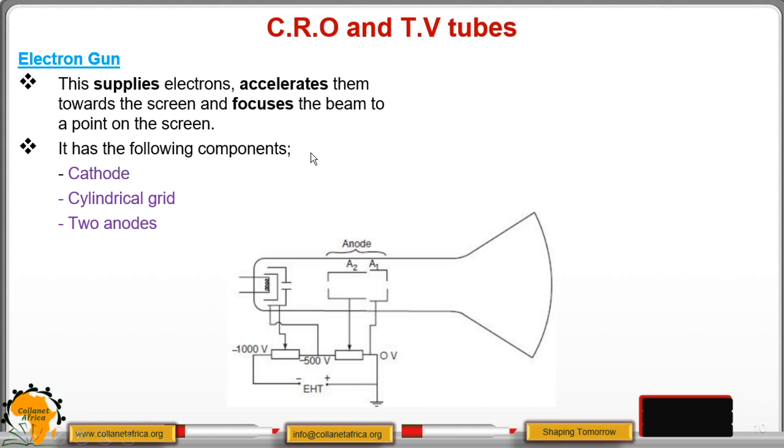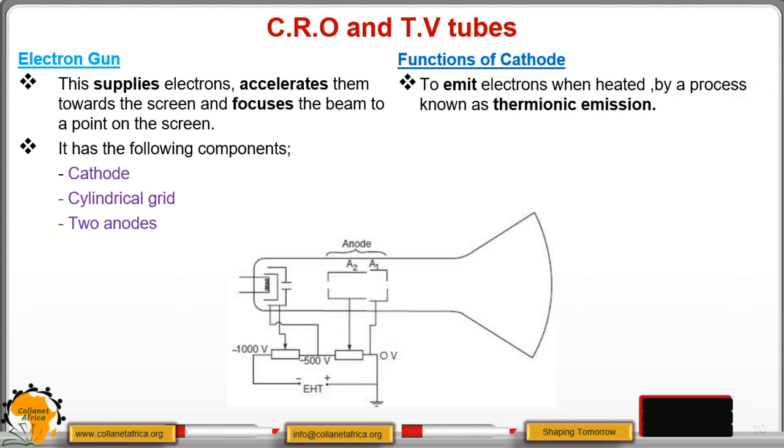In our diagram, this is what we call the electron gun. It has the filament, whose work is to heat the cathode. This is the cathode. Then from the cathode we have the grid, which has a small opening or hole. Then from the grid we have the anode. Those three parts form what we call the electron gun.